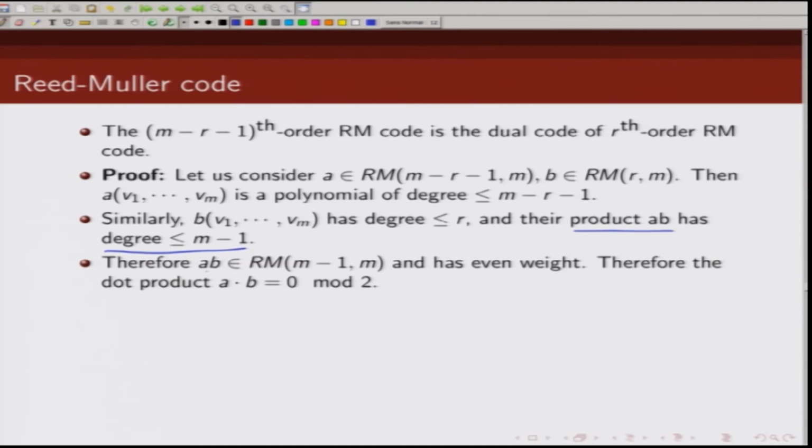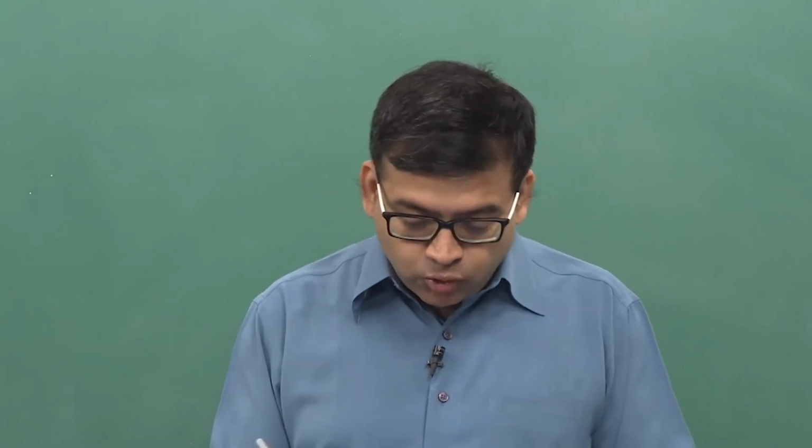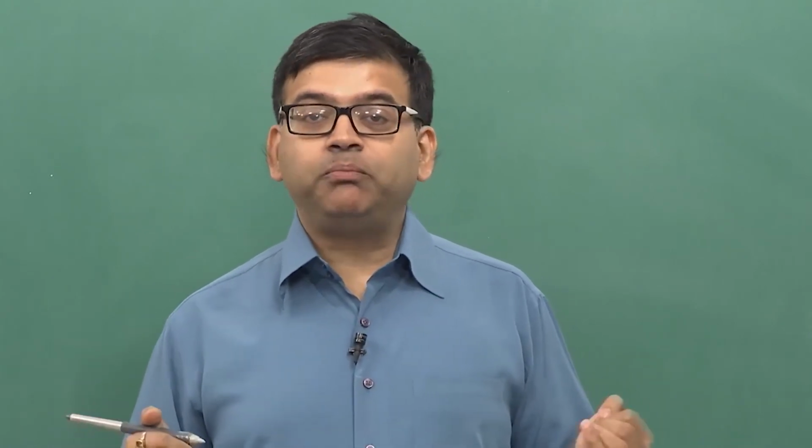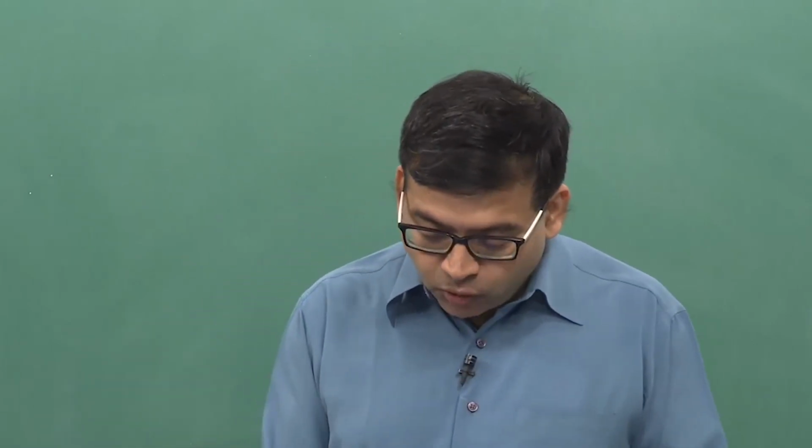So, then this product of A and B will belong to a Reed-Muller code of order m minus 1, and this is of length 2 raised to power m. Now, note that Reed-Muller code has only even weight code words. So, when we are considering this dot product A dot B, since Reed-Muller code has only even weight code words, then A dot B would be 0.